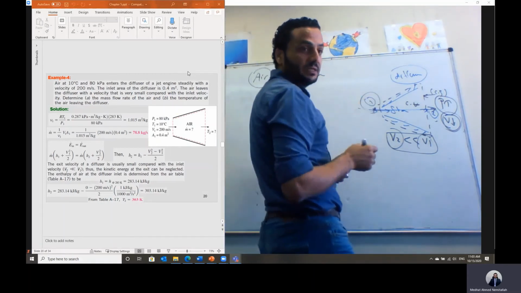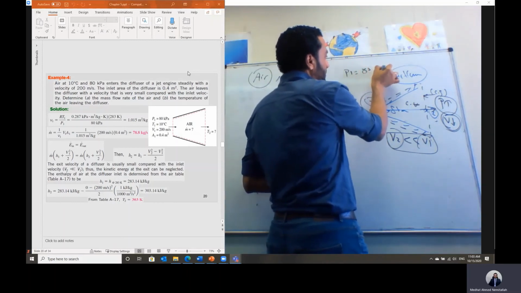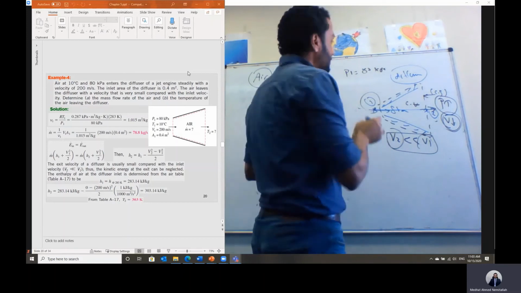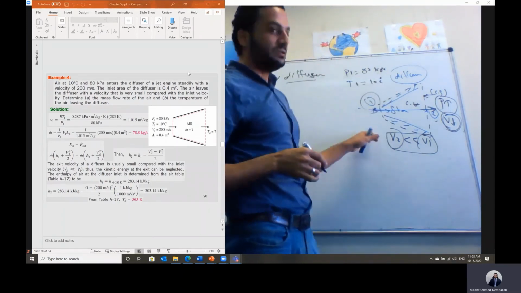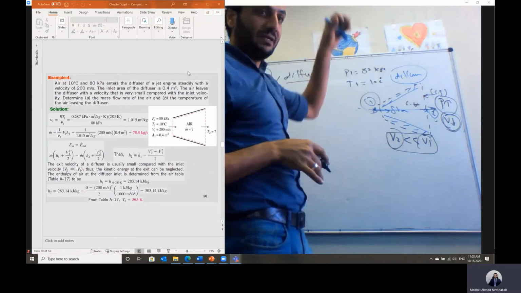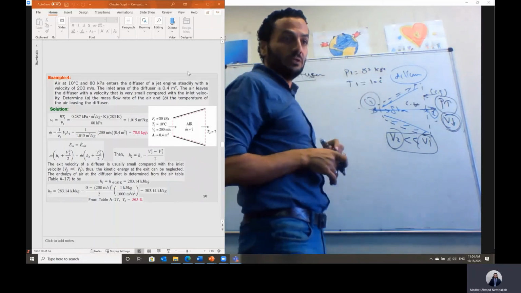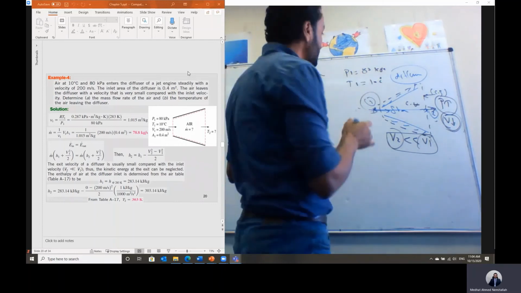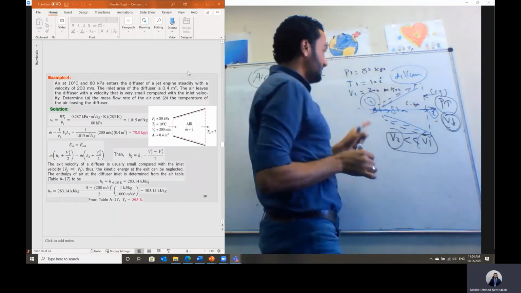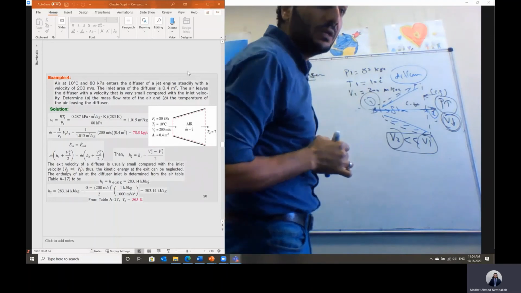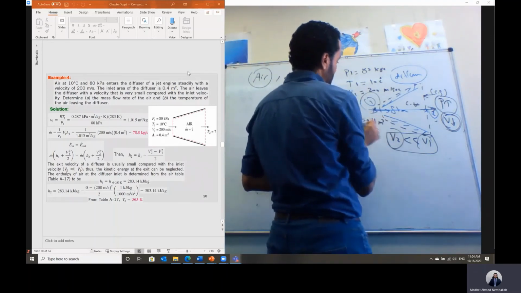The conditions at the inlet of this diffuser: P1 is equal to 80 kilopascal, and the temperature T1 is equal to 10 degrees C. It seems this jet engine is on an airplane flying at a medium altitude, so the atmospheric pressure is 80 kilopascal and the temperature is 10 degrees C. V1 at the inlet is 100 meters per second, I think the velocity of the airplane, and the area A1 is 0.4 meters squared.